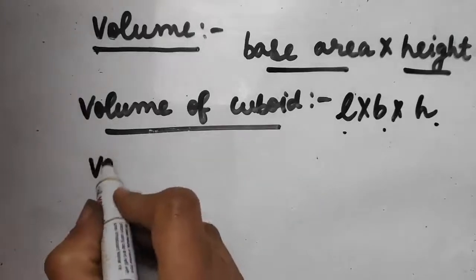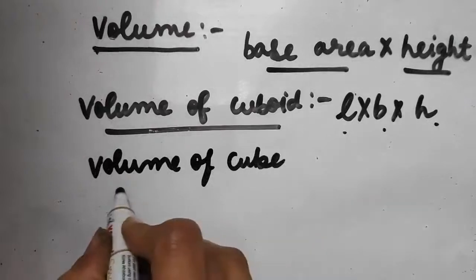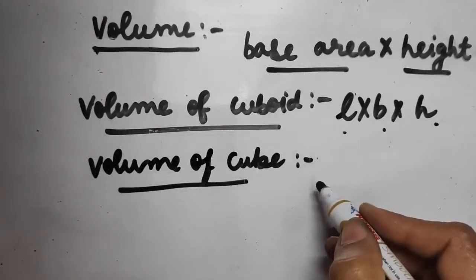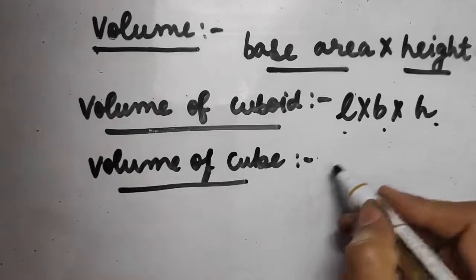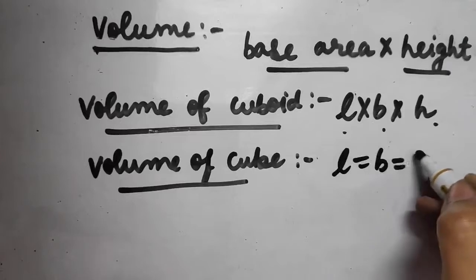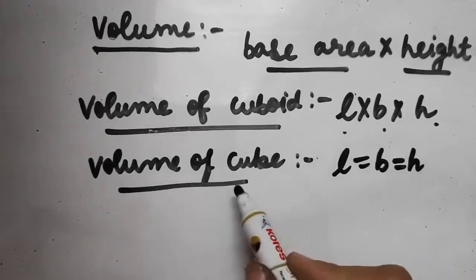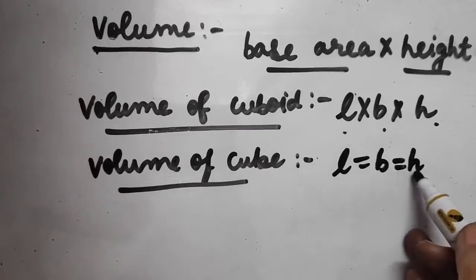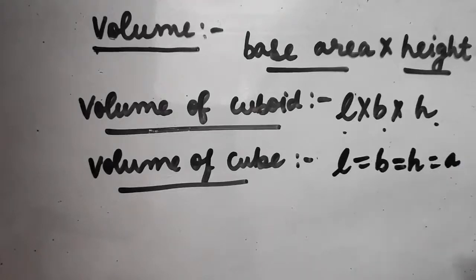Now if I talk about the volume of cube, L is equal to B is equal to H. We know that cube is a special case of cuboid where L is equal to B is equal to H, or we can take it A units or let it be L units.